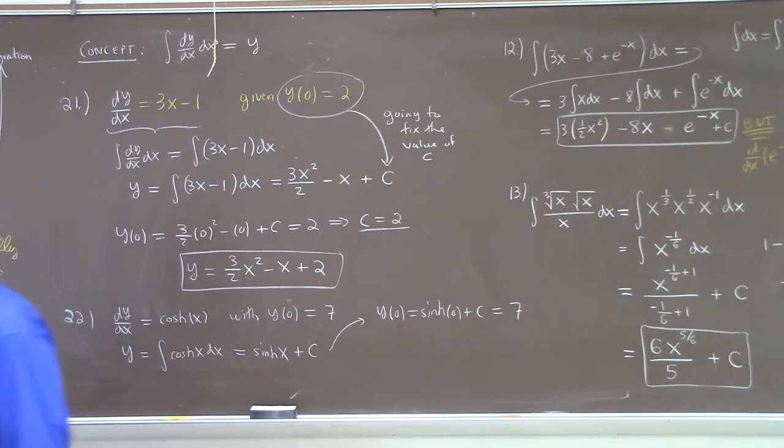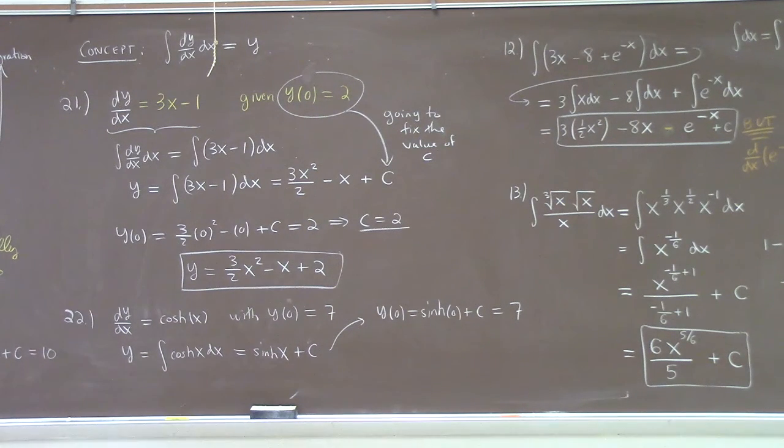What is sinh of 0? Nope. Sinh of x is e to the x minus e to the minus x, all divided by 2.